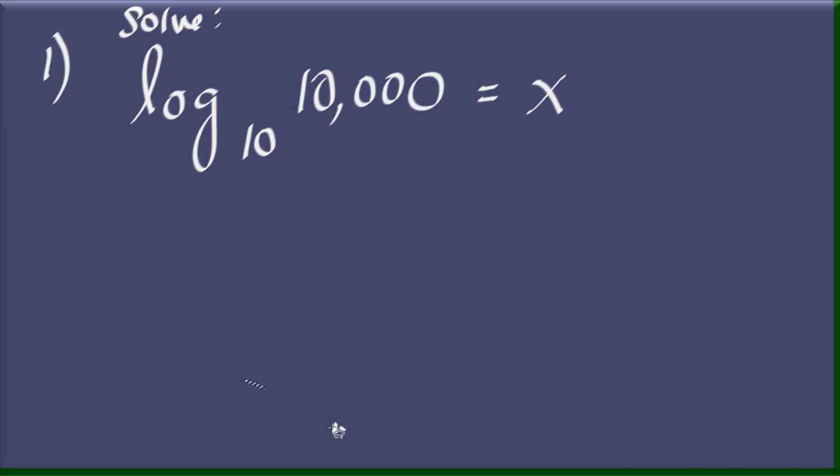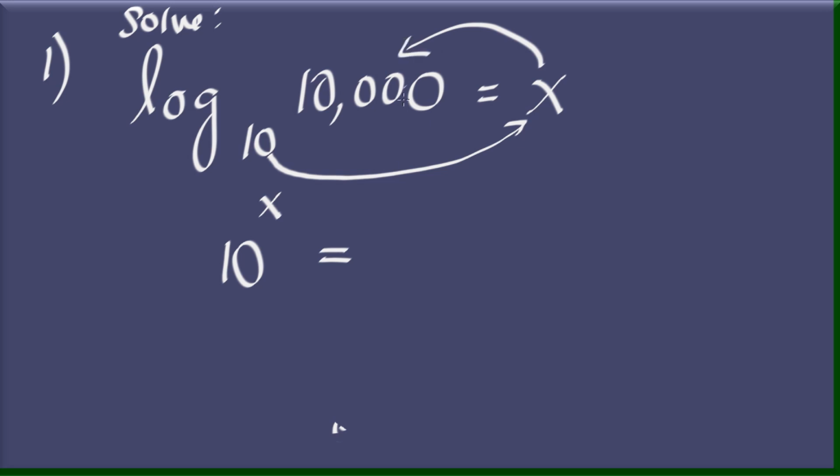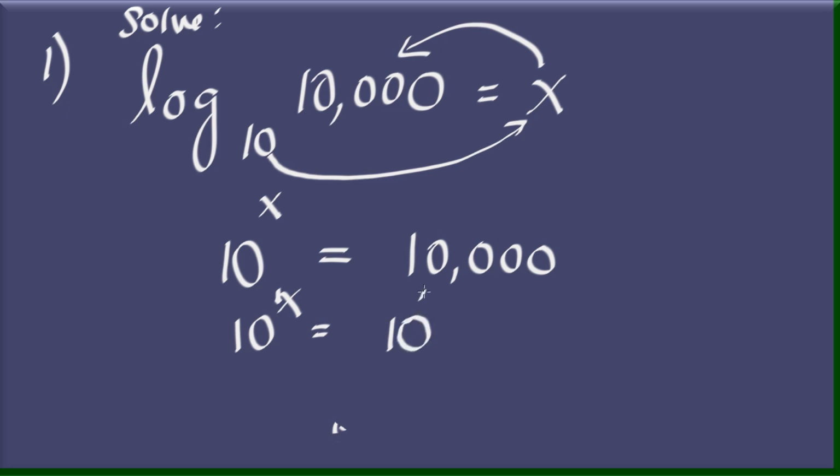All right, so let's go back to our example one. Let's say solve this logarithmic equation: log of 10,000 to base 10 is x. First thing we do is change this to exponential. We're going to start with the base 10, and then raise this 10 to x is equal to 10,000. Well, we know that 10,000 is a power of 10, meaning we can write 10,000 using exponential like 10 raised to the number 4.